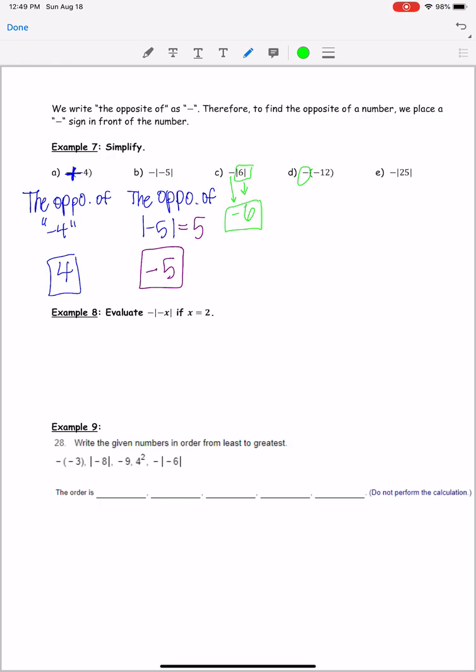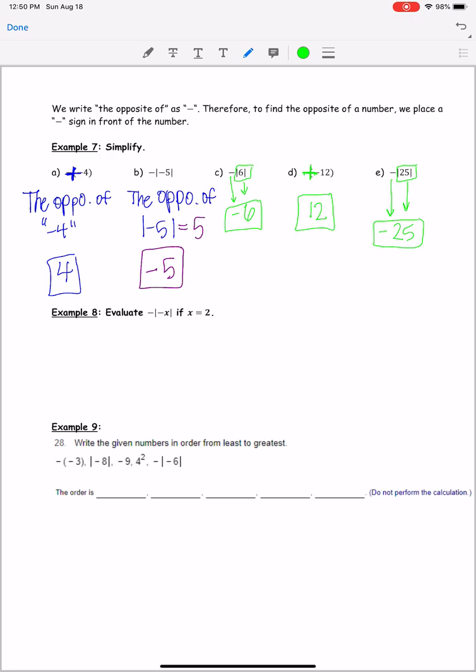So what's the opposite of -12? Or remember this same rule here, that double negative, you can change that into just a giant plus sign. And so this becomes 12. And then on E, the absolute value of 25 is 25. And then you take that negative that's on the outside and carry it down.